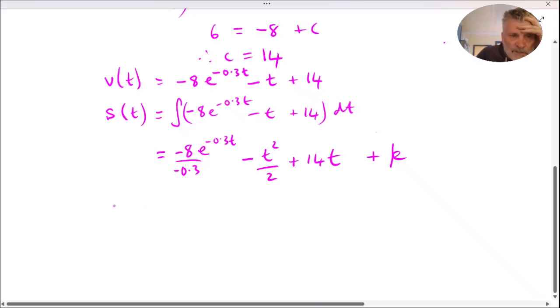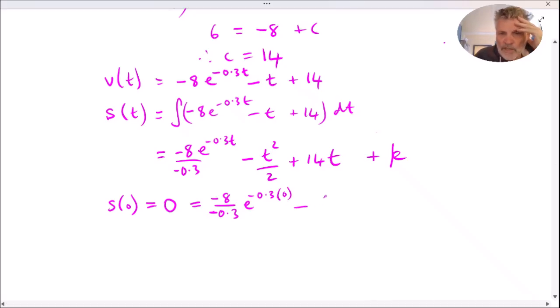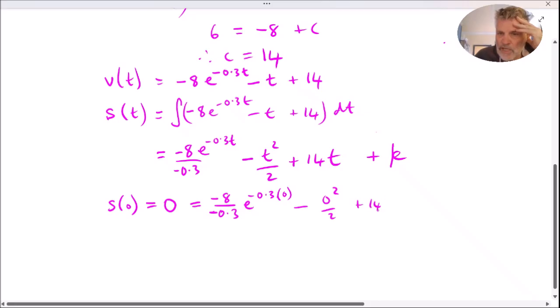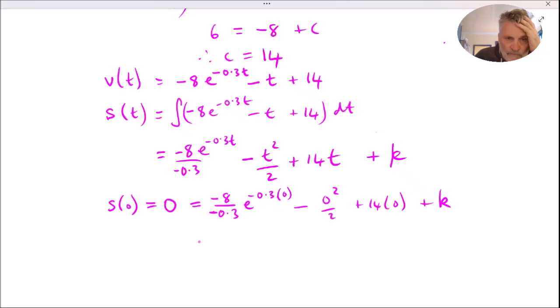K for this constant. So S of naught, I want to be naught, and it's going to be minus 8 over minus 0.3 e to the minus 0.3 times naught minus naught squared over 2 plus 14 times naught plus k, and that means, well, 8 divided by 0.3 doesn't have a nice number.